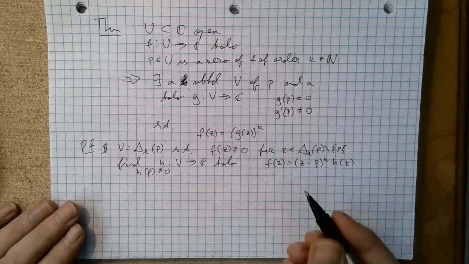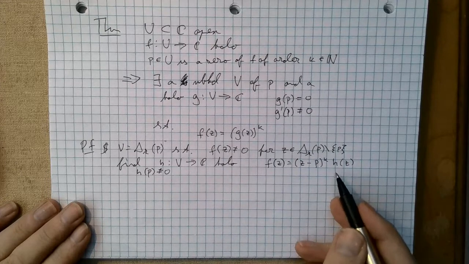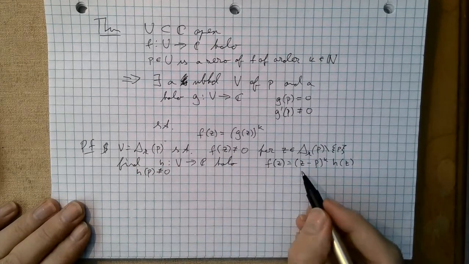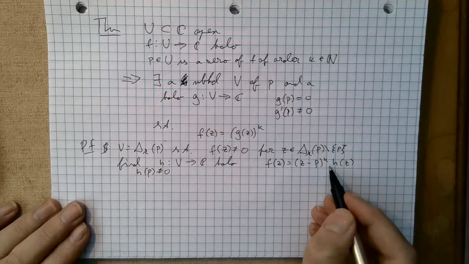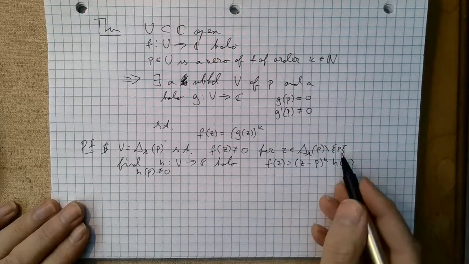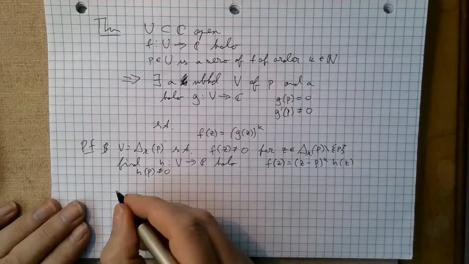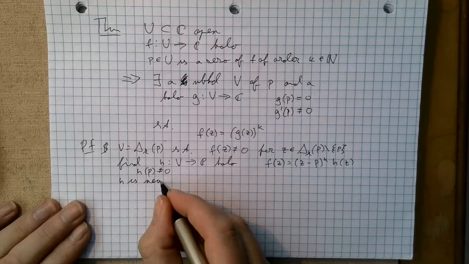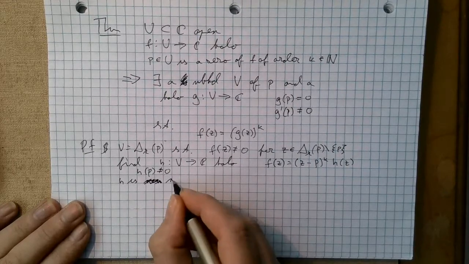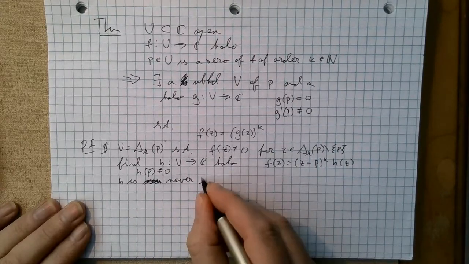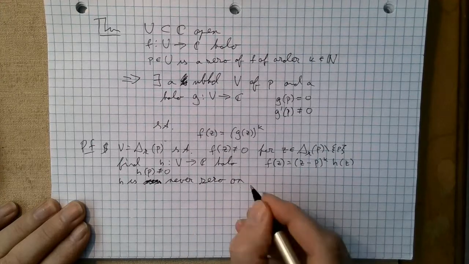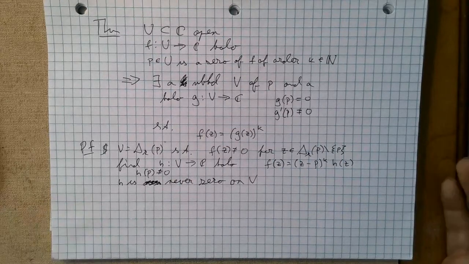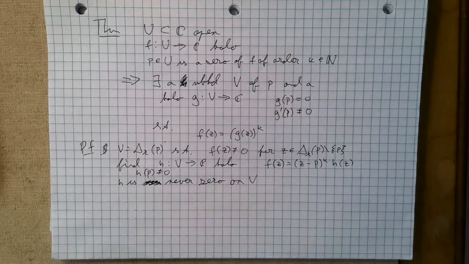Now h cannot be 0 anywhere else on V because f is not 0, and this factor over here is not 0 outside of p, right? So h is never 0 on V.